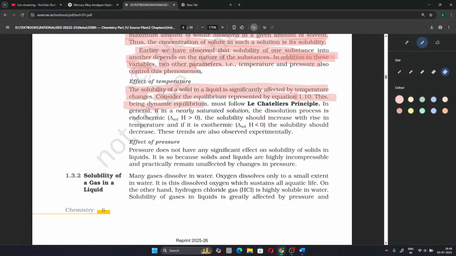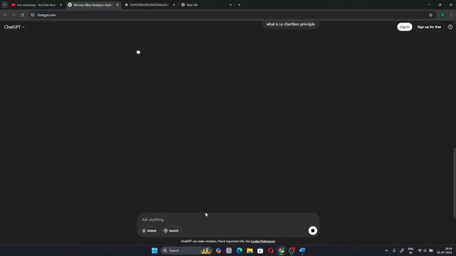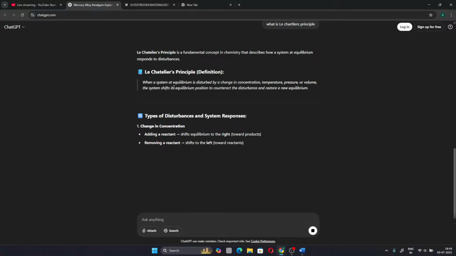This being a dynamic equilibrium must follow Le-Chatelier's principle. Let's see what Le-Chatelier's principle is. Le-Chatelier's principle is a fundamental concept in chemistry that describes how a system at equilibrium responds to disturbances.